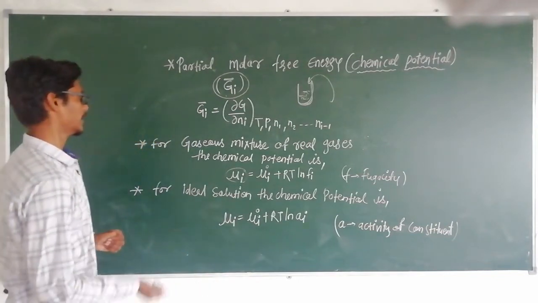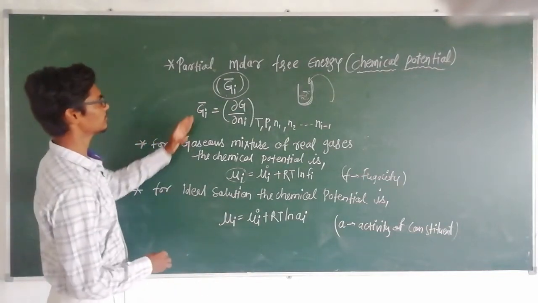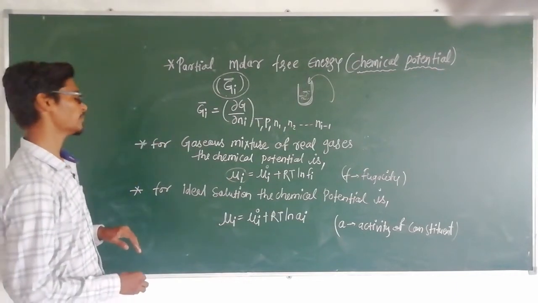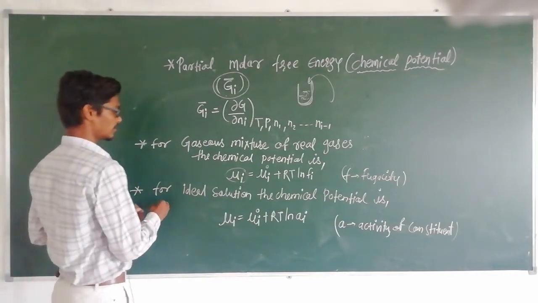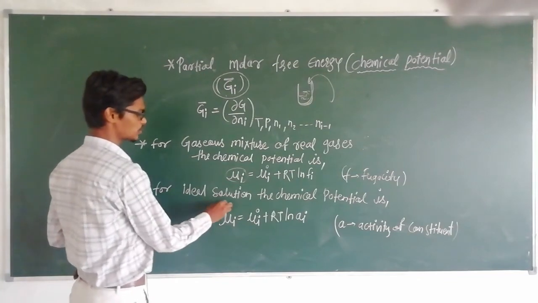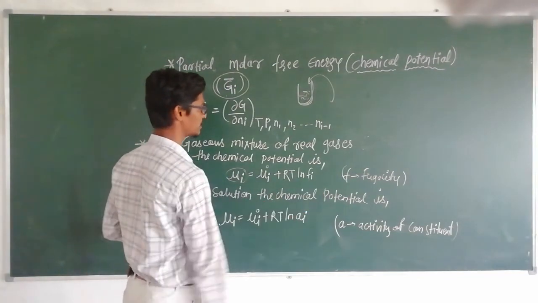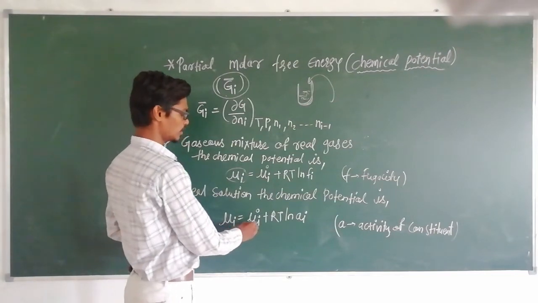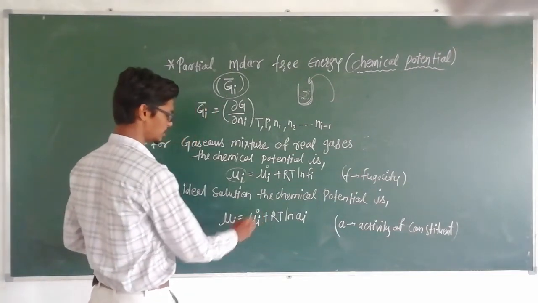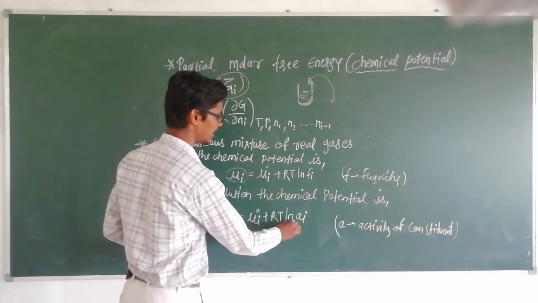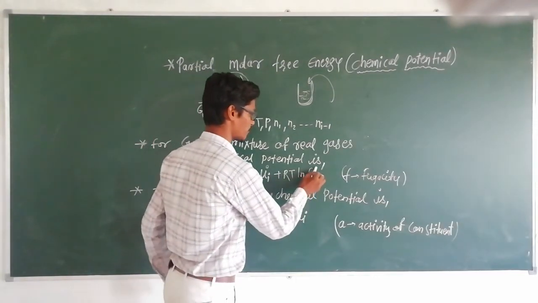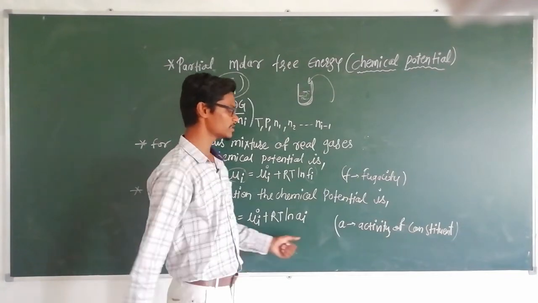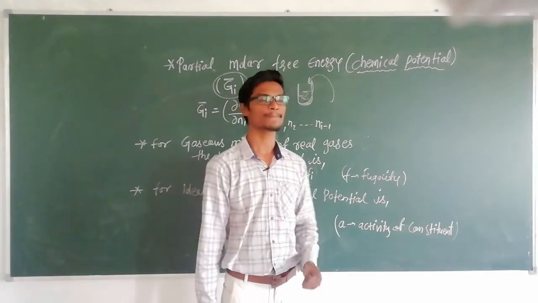The second term associated with the chemical potential is that for an ideal solution, the chemical potential is given by mu i is equal to mu i0 plus RT ln ai. In place of fi we have written ai, where a is the activity of the constituent particles.